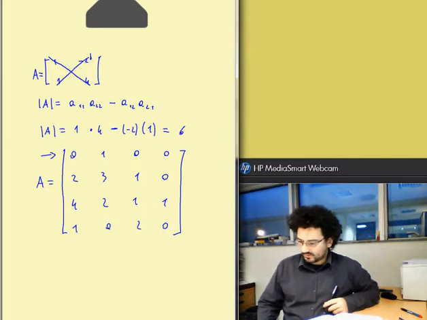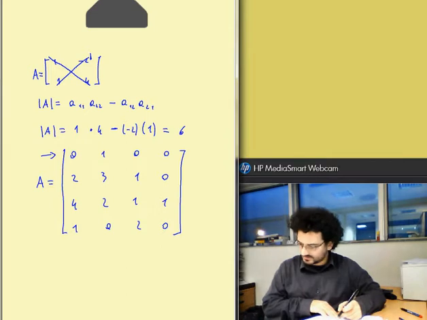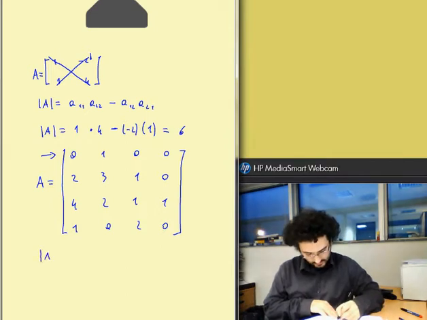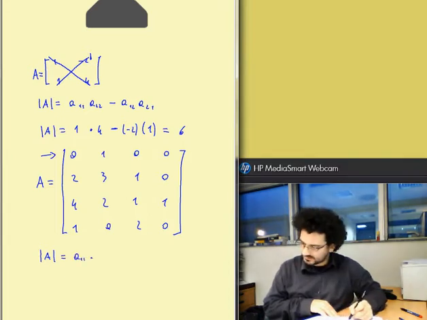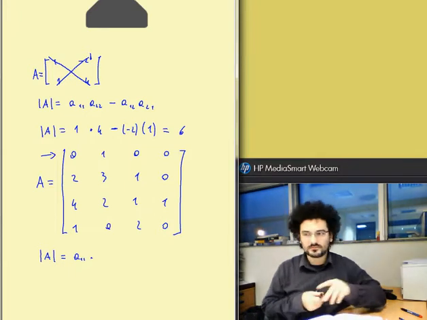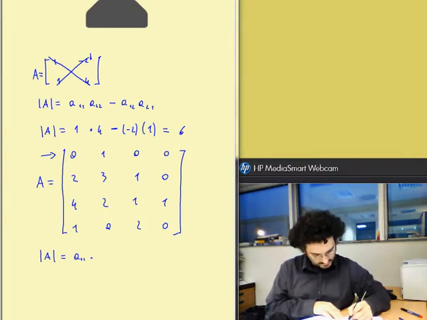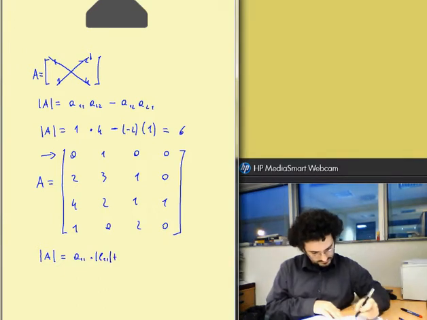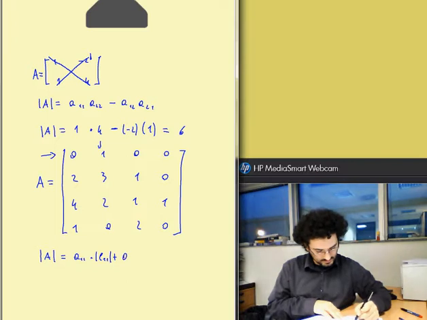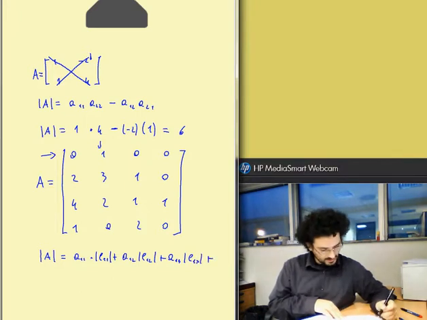Why do we consider the first row? Because we know that if we take the first row under consideration, the determinant of A can be computed as A11 times the cofactor C11, plus the second element of the first row, which is A12 times the cofactor C12, plus A13 times the cofactor C13, plus finally the element A14 times the cofactor C14.